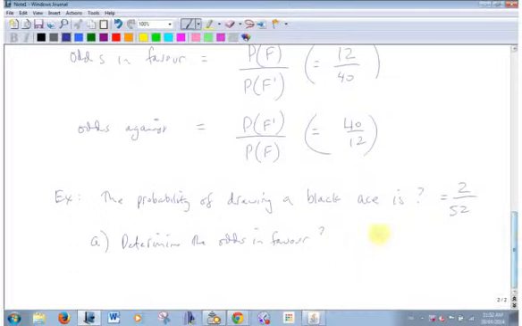Okay? Divided by the number of ways not to get a face card. So this would be, anyone want to take a stab at it? 2. How many ways to not get a black ace? If there's 2 ways to get it, then there's, yeah. Okay? Or odds in favor, 1 to 25.